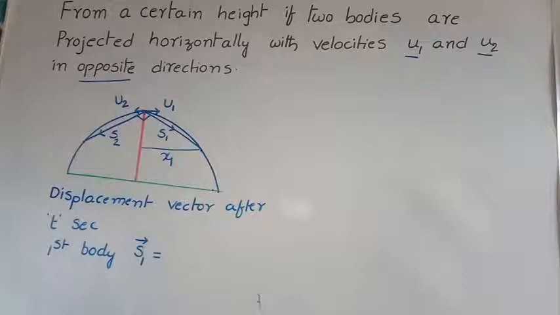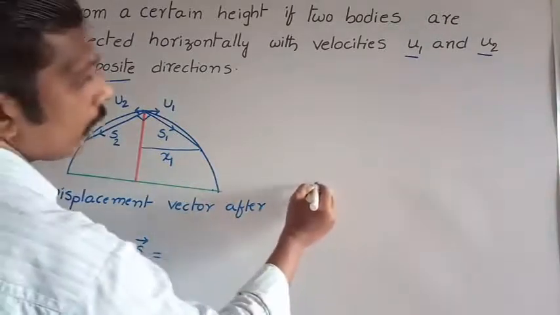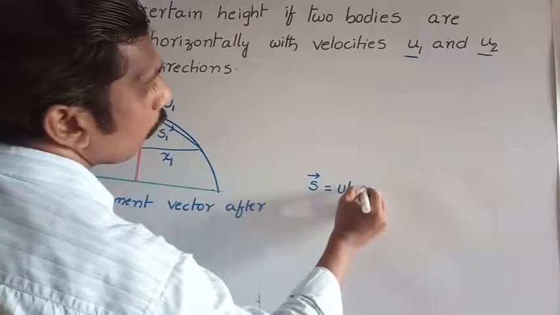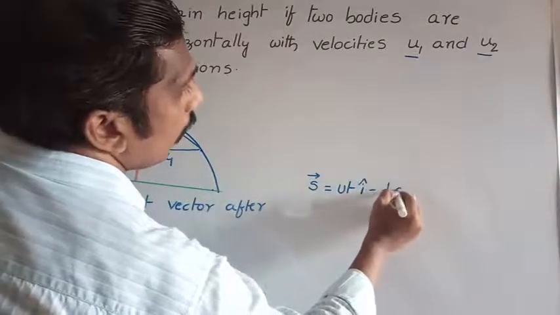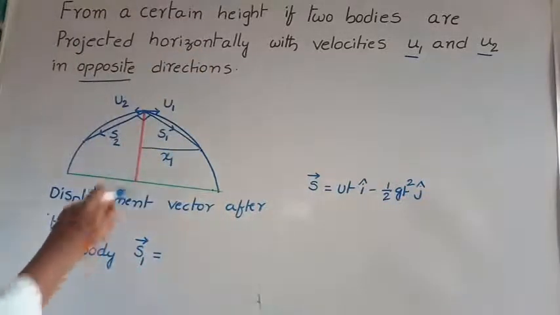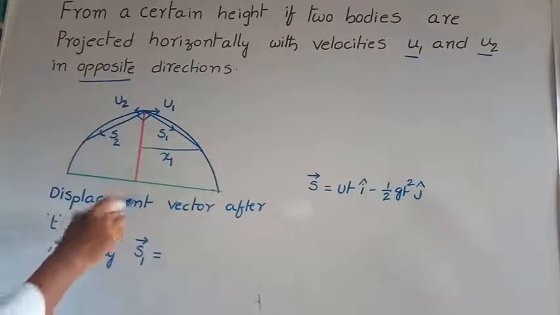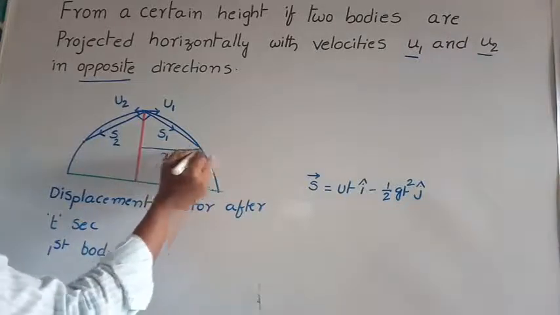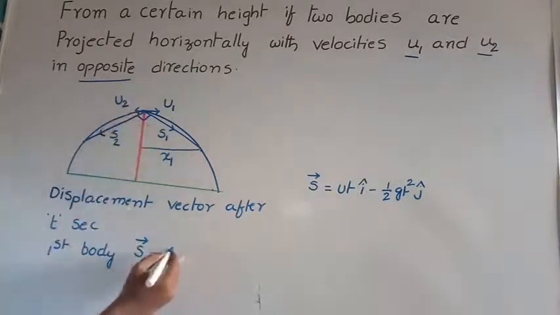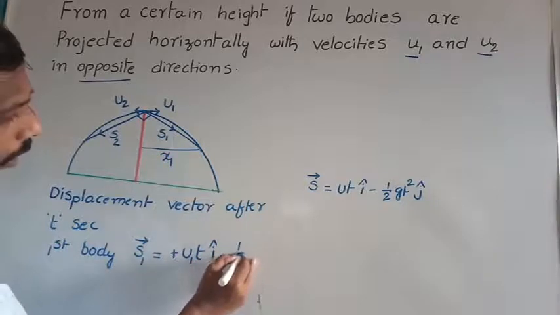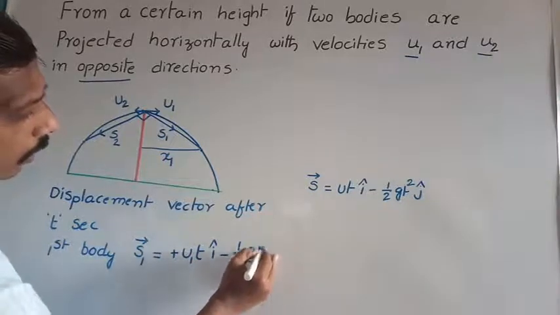Now here we already know the displacement vector: S bar is equal to ut into i cap minus 1 by 2 gt square into j cap. It is traveling along the positive x direction and negative y direction. So the displacement vector for the first body is S1 bar equal to u1 into t i cap minus 1 by 2 gt square into j cap.